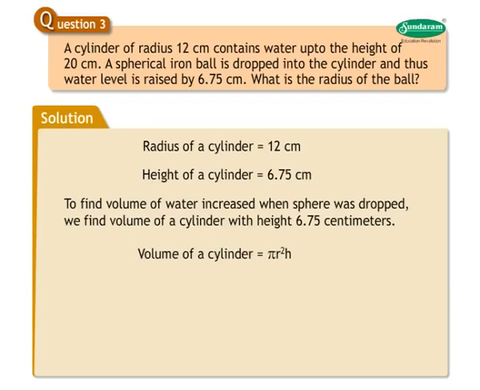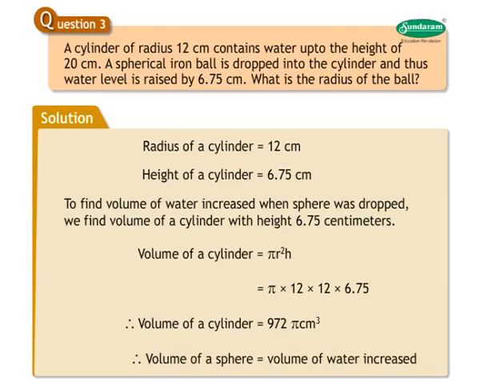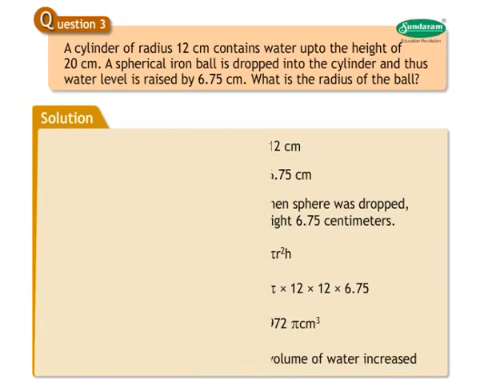To find volume of water increased when sphere is dropped, we find volume of the cylinder with height 6.75 centimeters. Volume of cylinder is equal to pi r square h. Therefore, by substituting the values, we get pi into 12 into 12 into 6.75. Therefore, volume of cylinder is equal to 972 pi cubic centimeters. Therefore, volume of sphere is equal to volume of water increased.